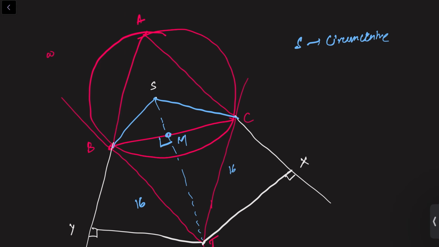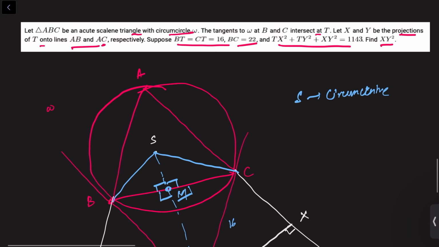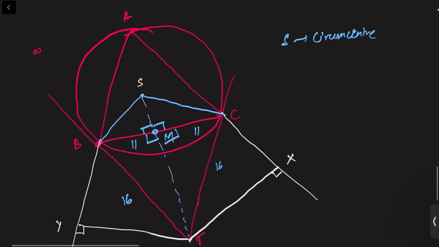If we draw the midpoint, this will be perpendicular, so this will be 11 and this will be 11. So we can find MT's length. MT is the square root of 16 squared minus 11 squared, which is 256 minus 121, which is the square root of 135, that is 3 root 15.